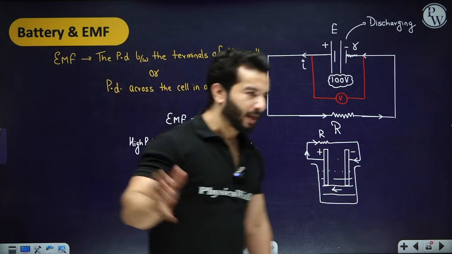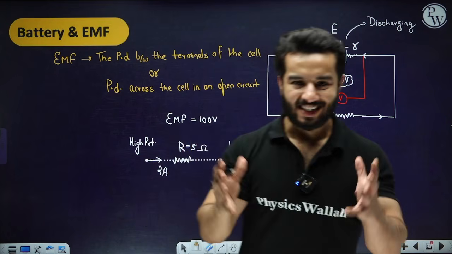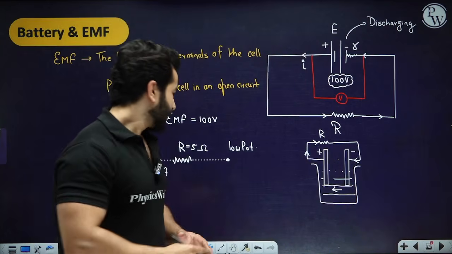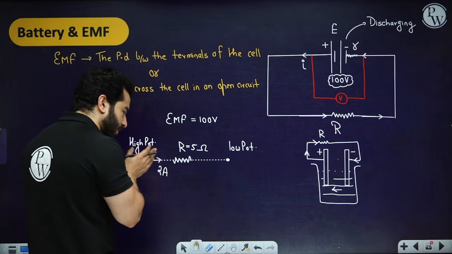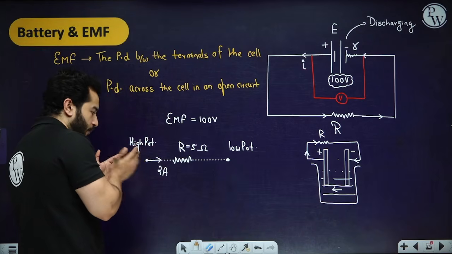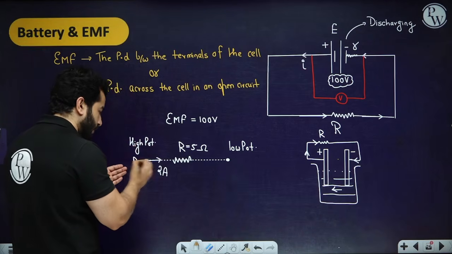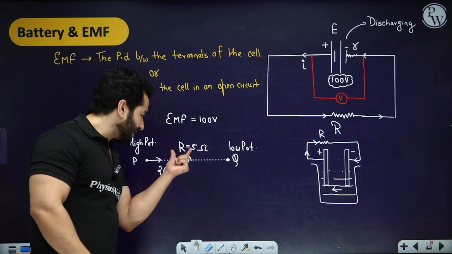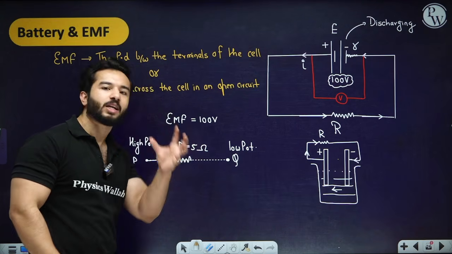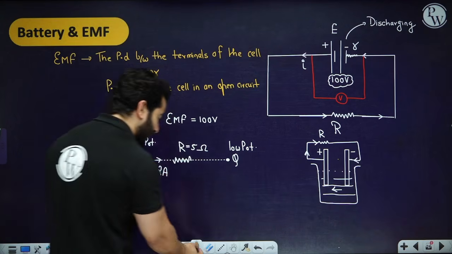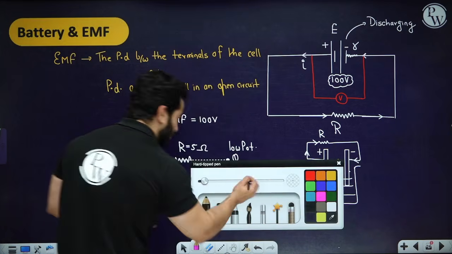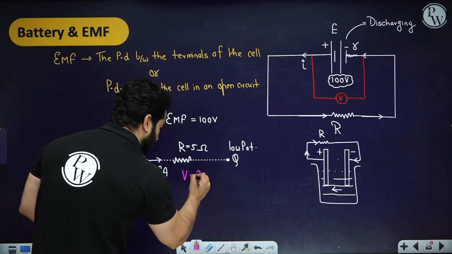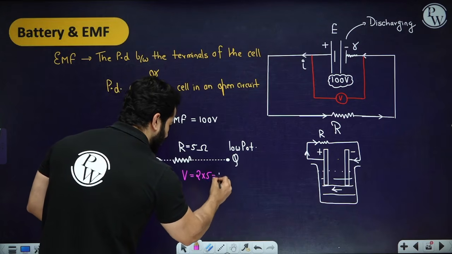All the electrical appliances, which means all the resistances, do not use current, they use potential difference, right? So there is going to be a potential drop when you move from point, let's name this point P, to point Q. Why? Because this device of resistance 5 ohm will consume a potential. That potential will be found using V equals 2 into 5, that is 10 volt.